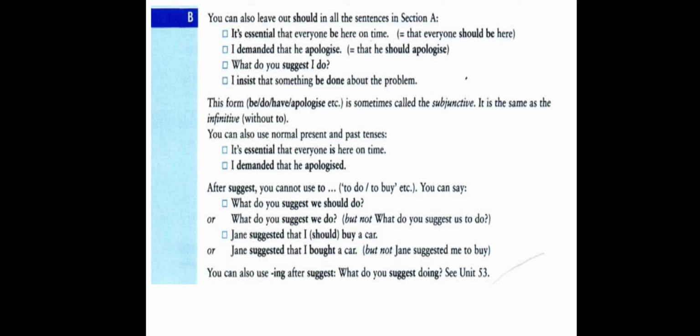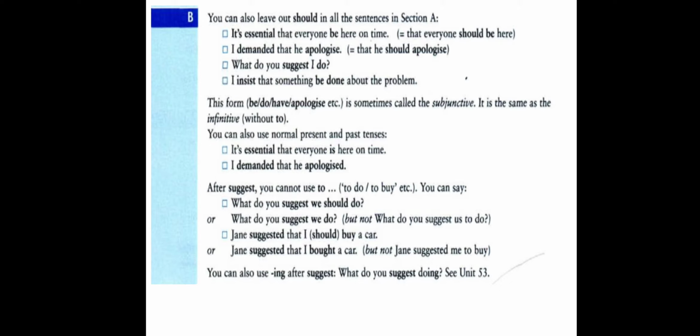Example number 1, it is essential that everyone be here on time, means it is essential that everyone should be here on time, and should is dropped and it is understood. So what remains is the base form, and here be is the base form. Everyone is singular.